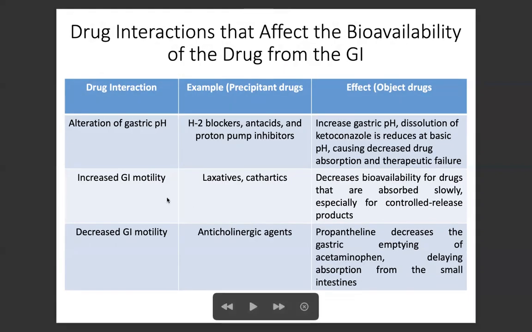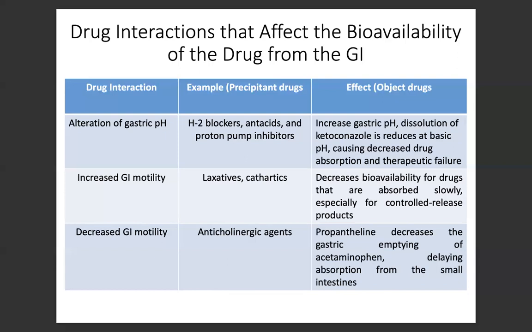For increased GI motility, example, you have laxatives and cathartics. So this decreases bioavailability for drugs that are absorbed slowly, especially for controlled release products. Okay, paspas man ang GI motility. So dili siya ma-absorb kay giigo.